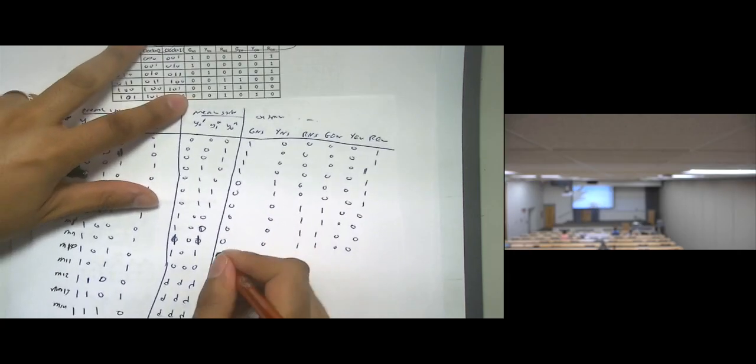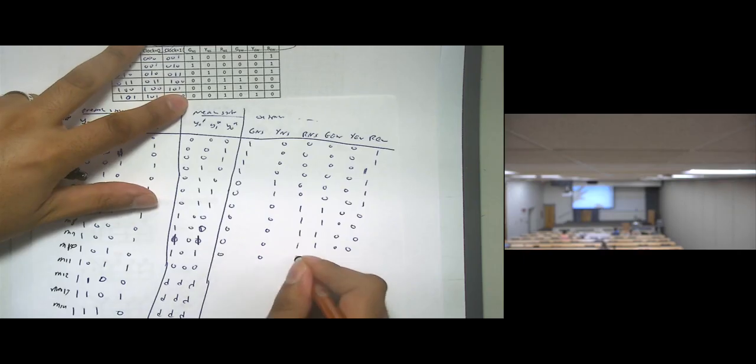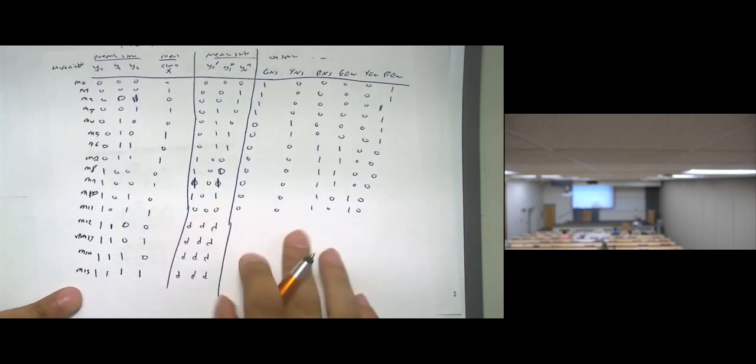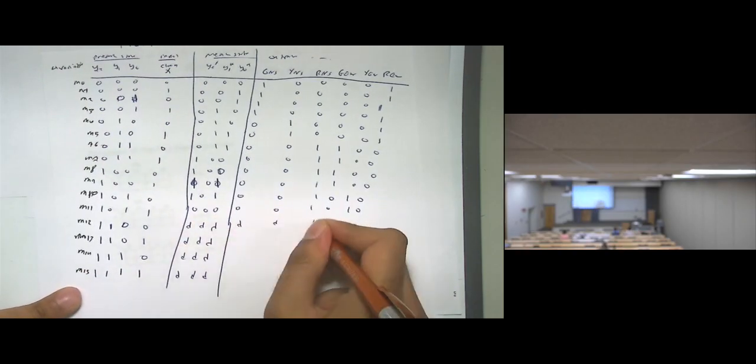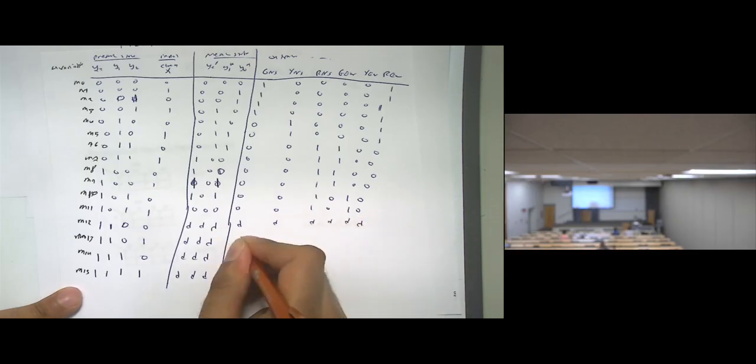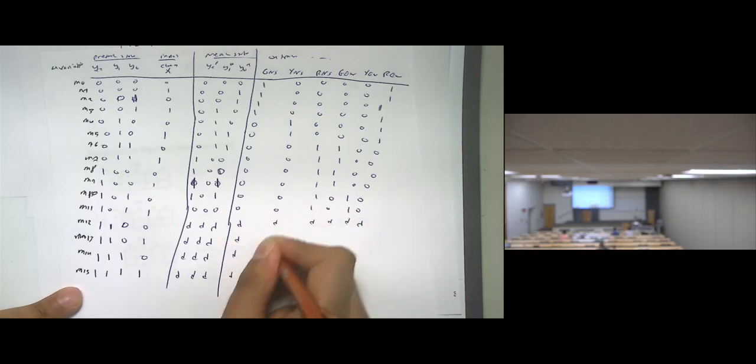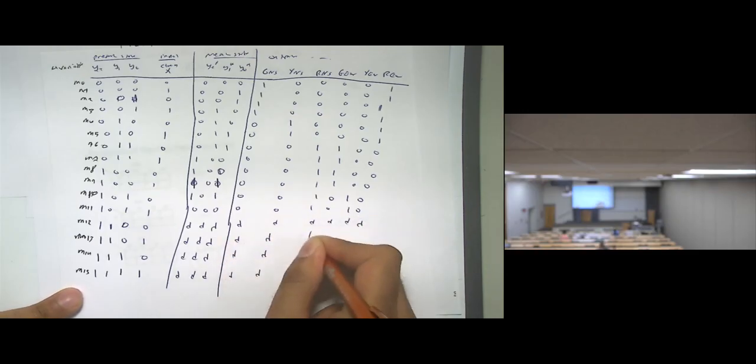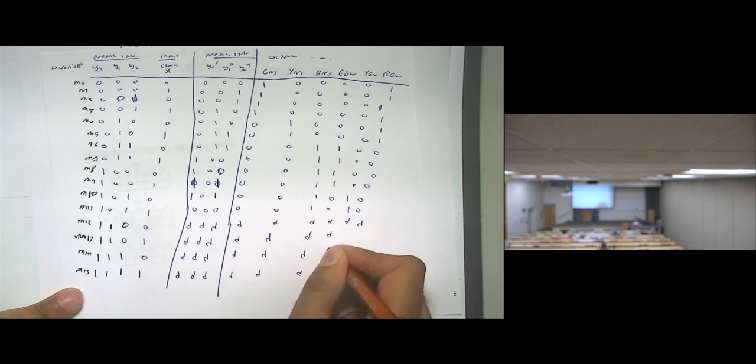Then the last one 0 0 1 0 1 0, 0 0 1 0 1 0. And this area is don't care, so we will make them don't cares. D in all of them. Okay? Do you agree with me about this table?